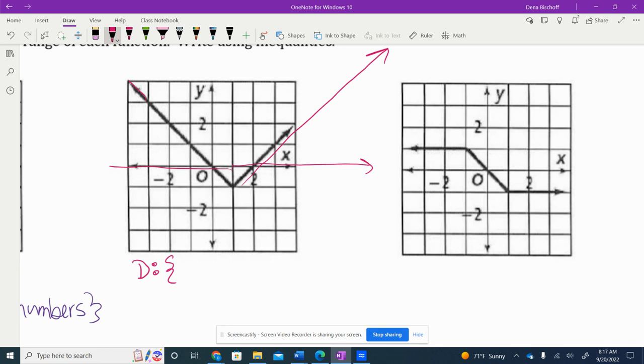And if it goes on forever this way, what's the smallest x value? So what can we say about the domain? Good job, Cheyenne. It's all real numbers. X is all real numbers.